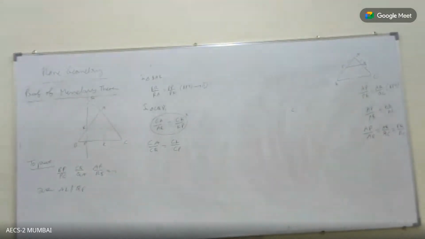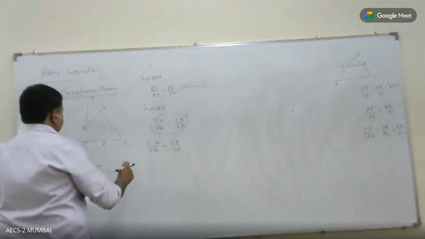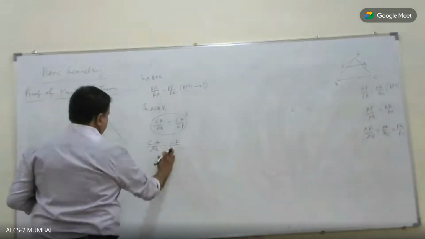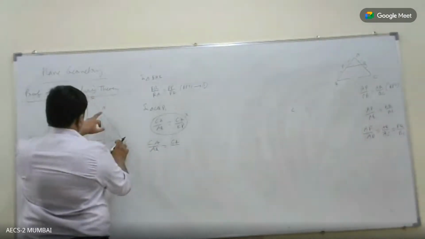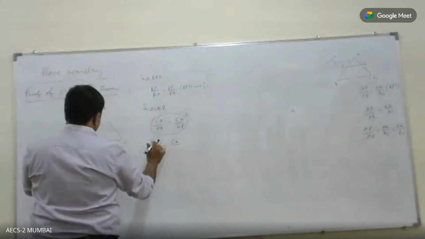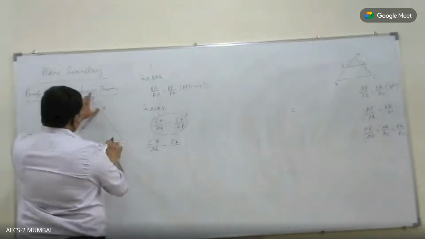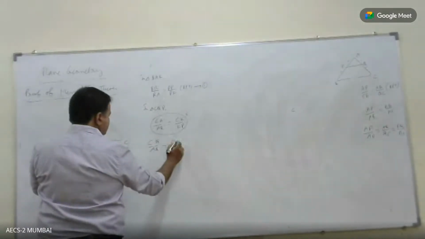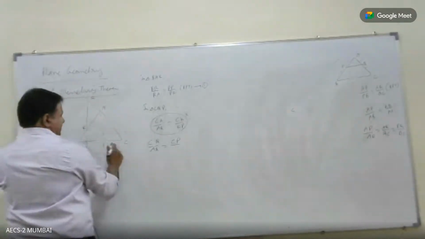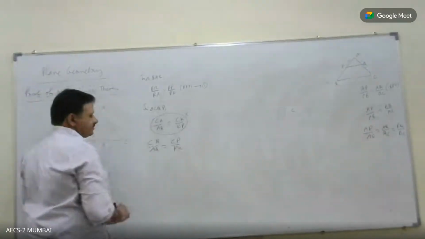Then PK will get cancelled out. CA upon AQ equal to CQ upon AQ equal to CP upon PK, no? This one, PK.